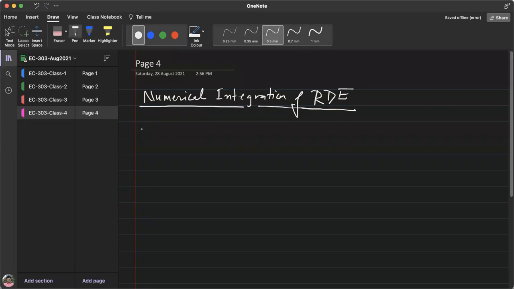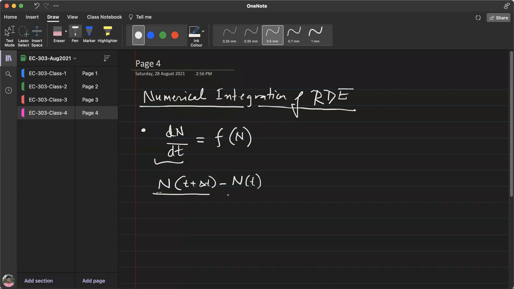So let us first remember, how did we do numerical integration of the mean field modeling? What did we do? We wrote this as n of t plus delta t minus n of t, divided by delta t, is equal to f of n. Approximate, of course.